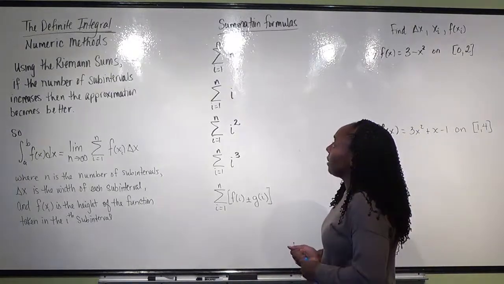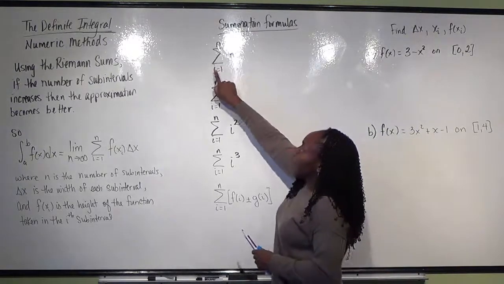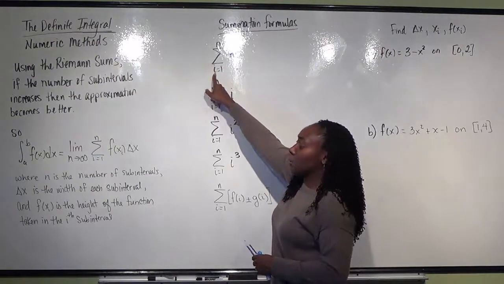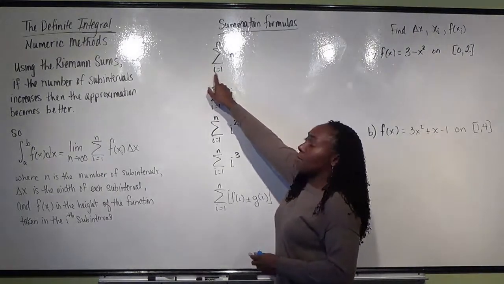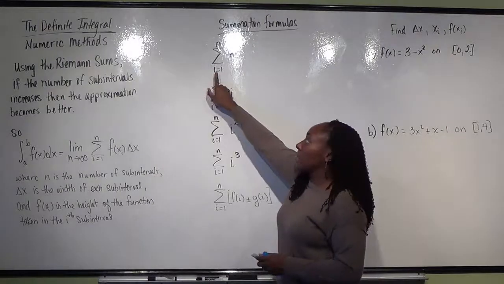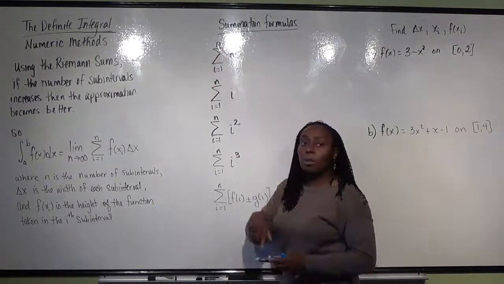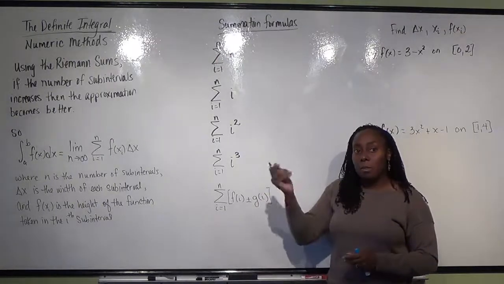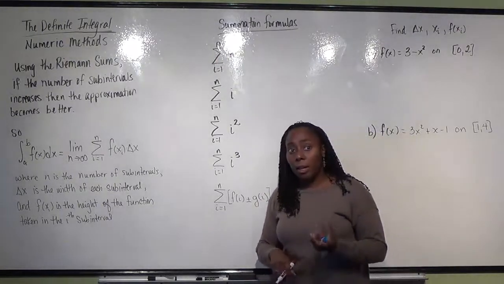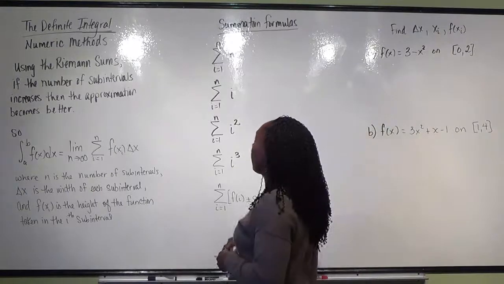formula to remember is, if I am looking at a summation, first off, i here is what we call our index. This is the variable of our summation. So anytime I see an i, I'm going to replace it with the numbers from 1 to whatever that n value is. And in this case, that n value is the letter n, or the arbitrary number n.